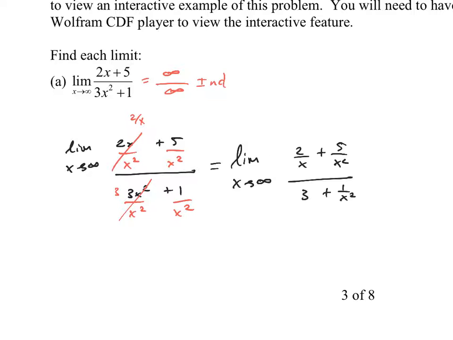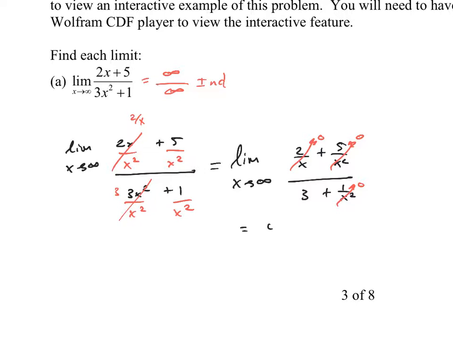Okay, so let's see what happens here when we do this one. Looks to me like on top, what happens as x goes to infinity? Well, 2 over x would go to a 0. 5 over x squared, again, infinity on bottom, so that goes towards 0. 3 just goes to a 3, and 1 over x squared would also go to a 0.